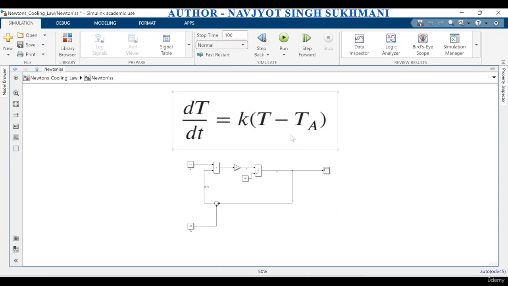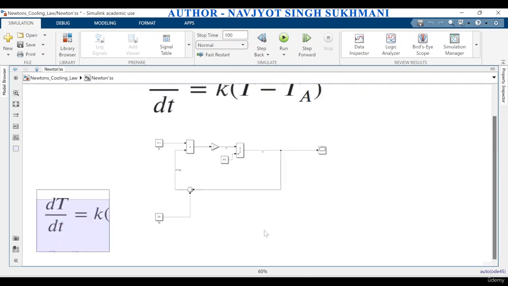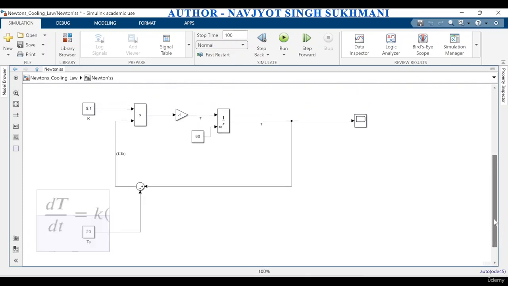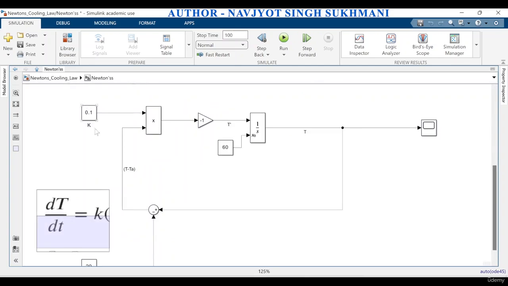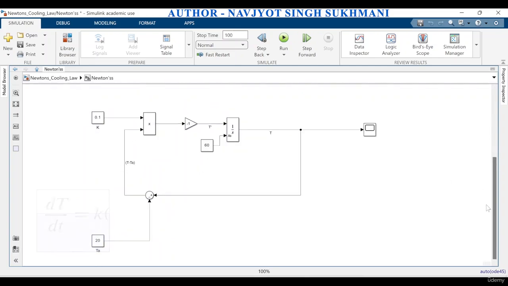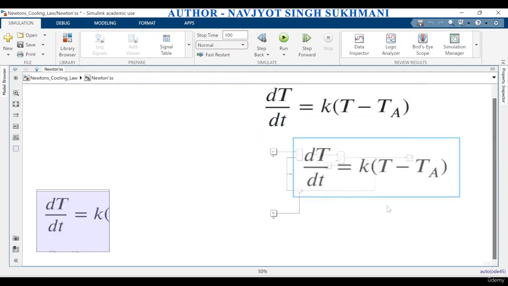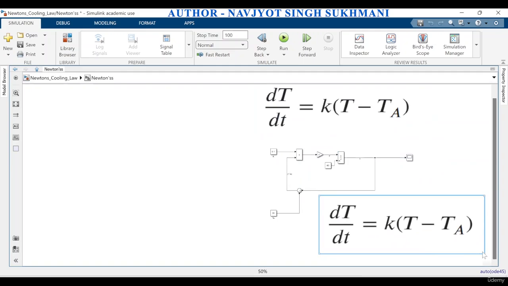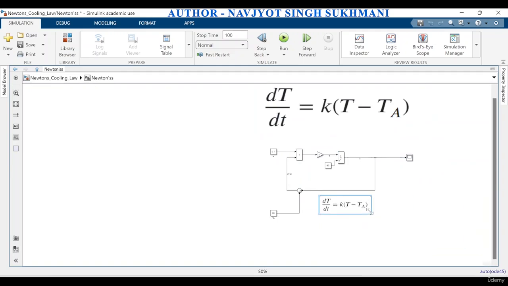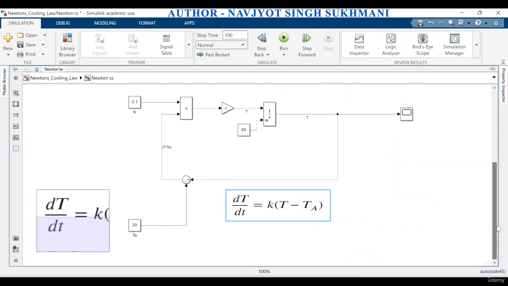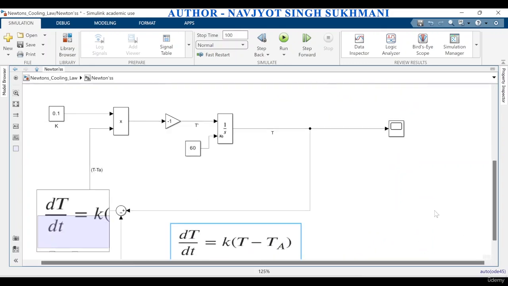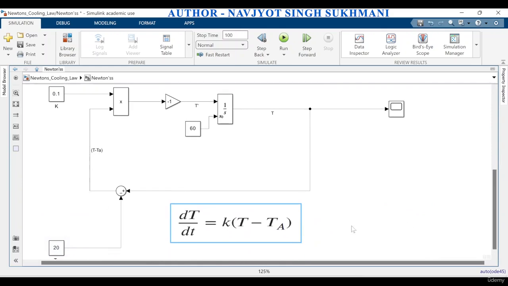So here I have implemented the basic logic with the help of blocks. Here I will have input k. You all know this equation; I'll make it a little smaller so you can easily understand. dT by dt is equal to k into (T minus Ta).